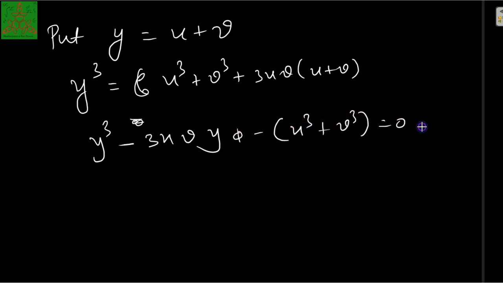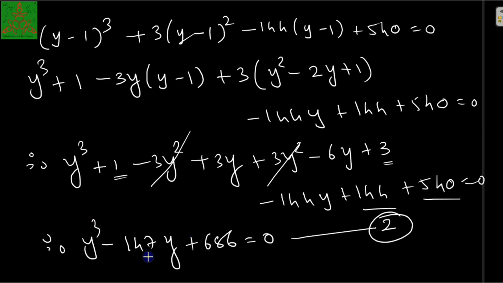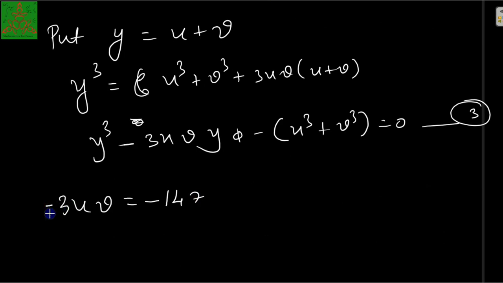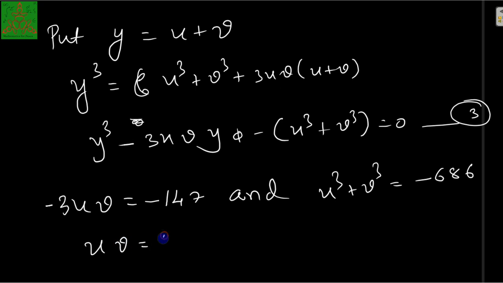If you compare equations 3 and 2, you will have minus 3uv equal to minus 147, so uv is equal to 49, and u cube plus v cube equal to minus 686. 147 divided by 3 gives you 49, and u cube plus v cube gives you minus 686.